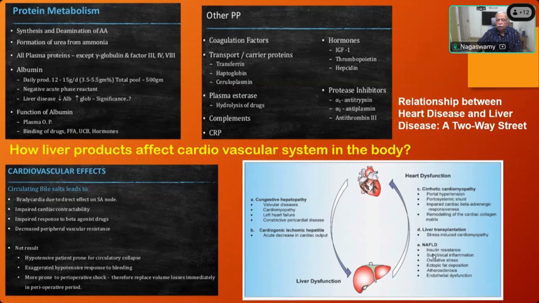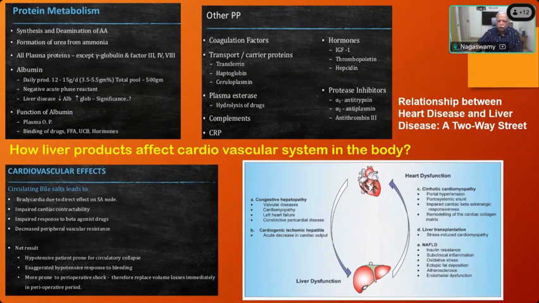After liver transplantation, there can be stress-induced cardiomyopathy, and patients with non-alcoholic fatty liver disease have insulin resistance, subclinical inflammation, oxidative stress, ectopic fat deposition, atherosclerosis, and endothelial disease.